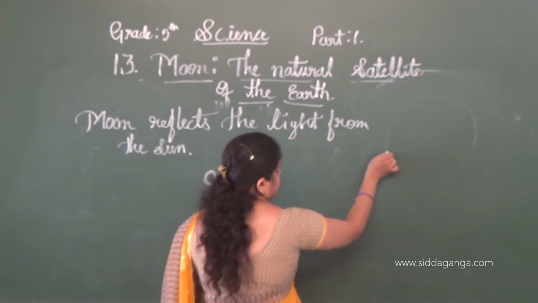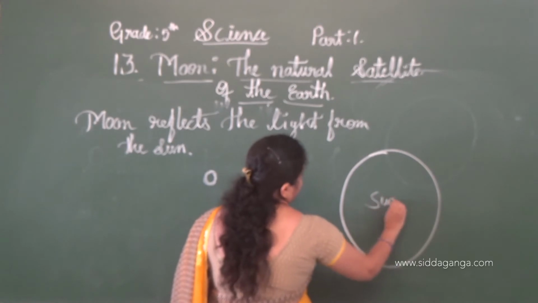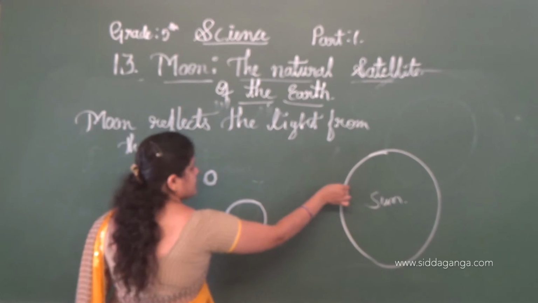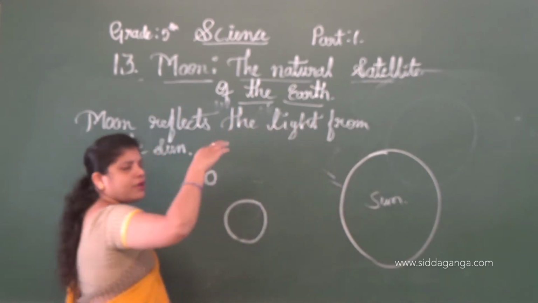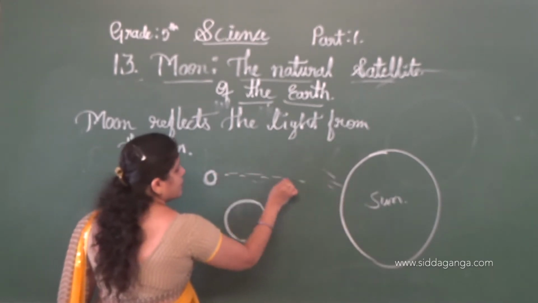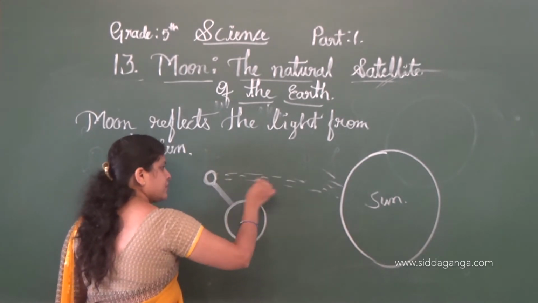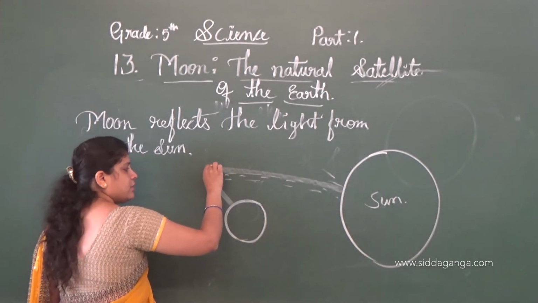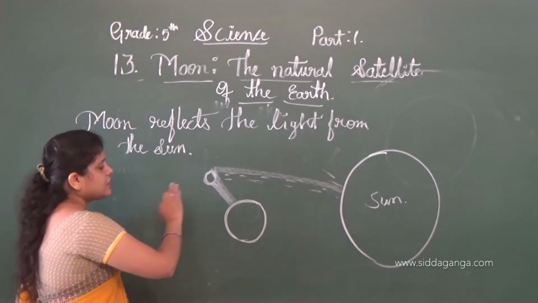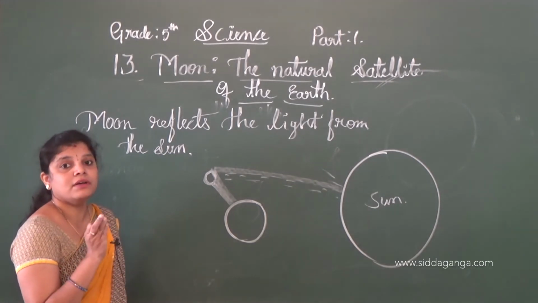And this one is the sun. See what happens. The sunlight goes in all directions. Same like that, sunlight falls on the moon. They just reflect it. So the light that comes just gets reflected. It does not give its own light, it just reflects the light of the sun.